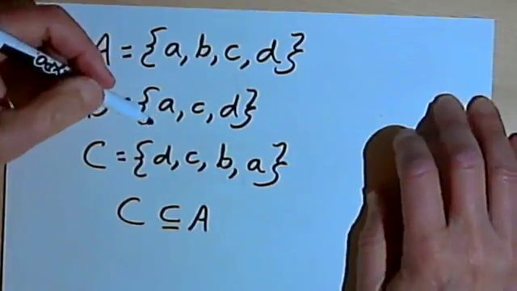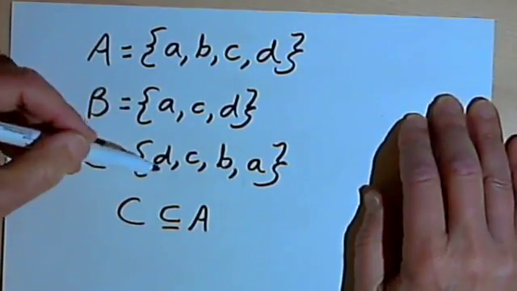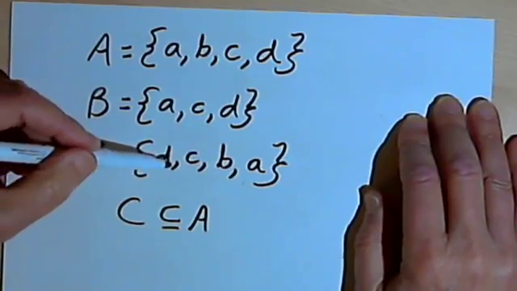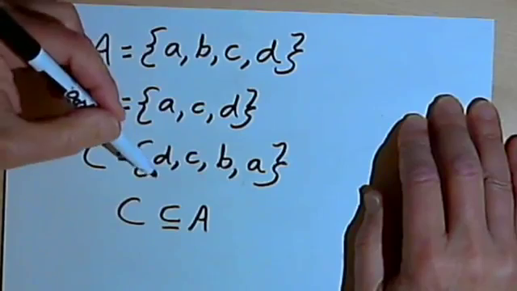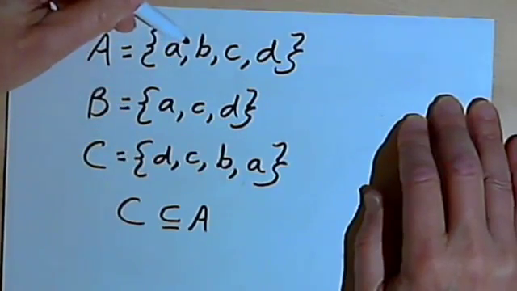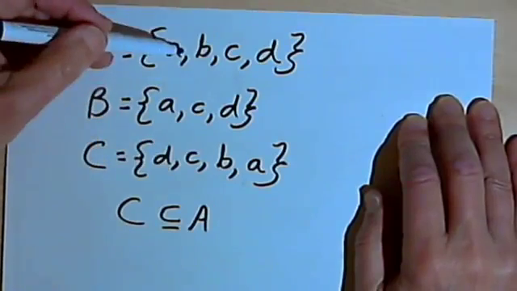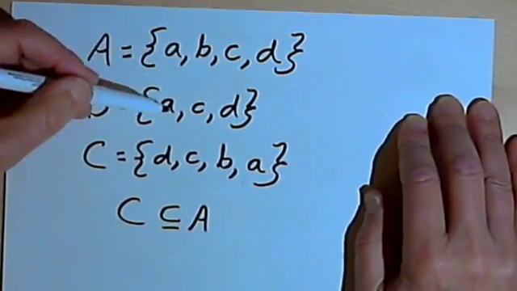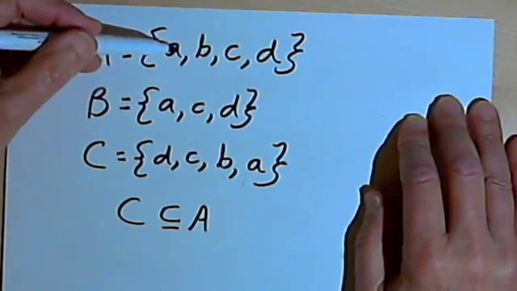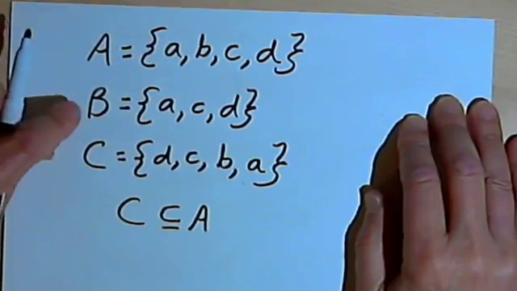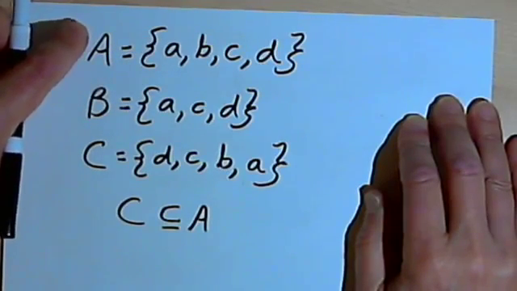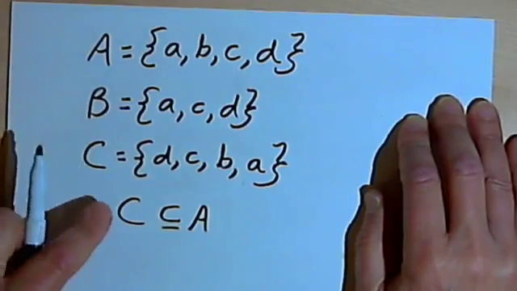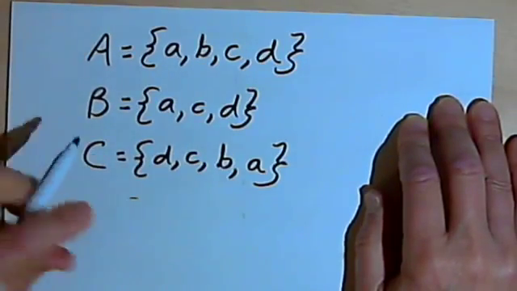So to be a subset, a set has to have all of its elements found, or all of its elements must be elements of another set, its superset. They can be exactly the same elements, or they can be just some of the elements that are in the superset. Now, if they don't have all of the elements that you find in the superset, then we can say that it's a proper subset.